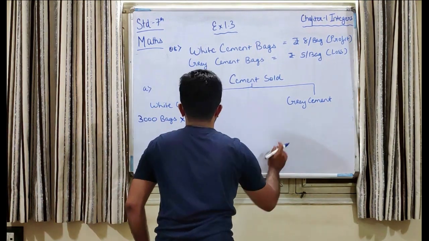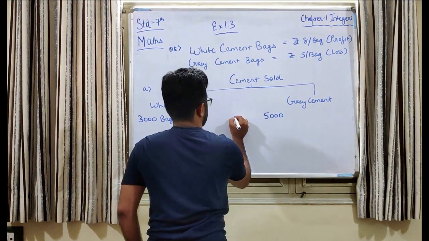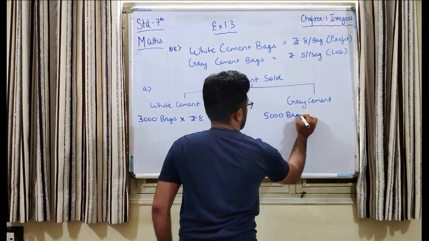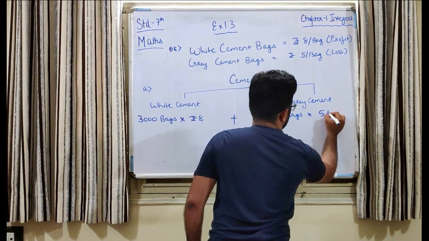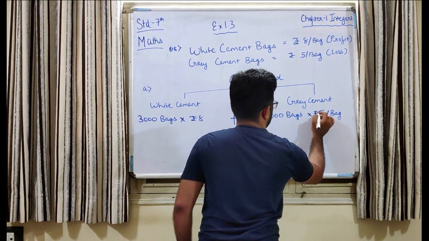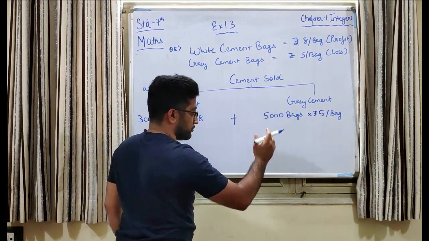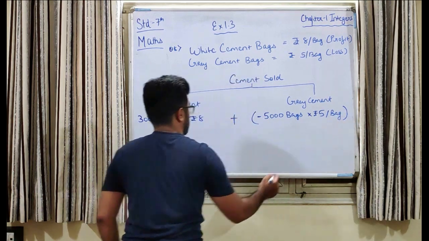Similarly for grey cement they sold 5000 bags into rupees 5 per bag, that is loss. Okay, now as there is a loss here, we will put it in negative sign.